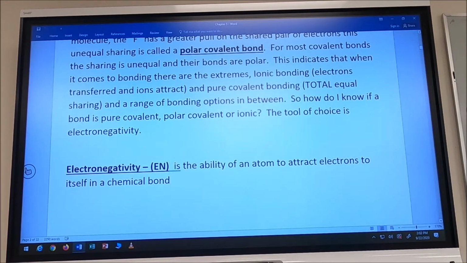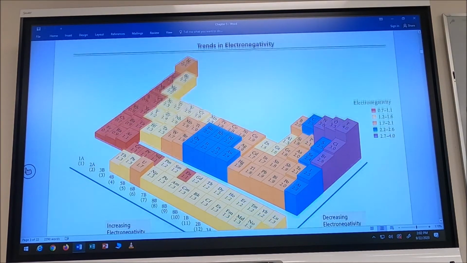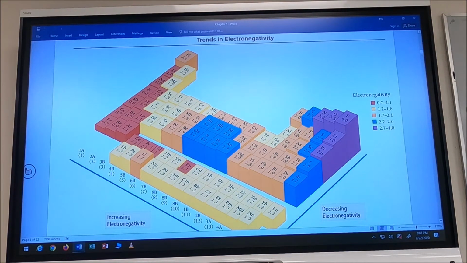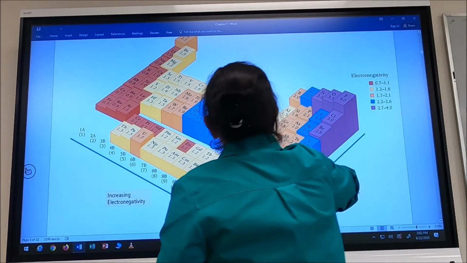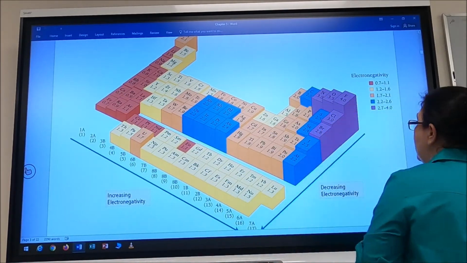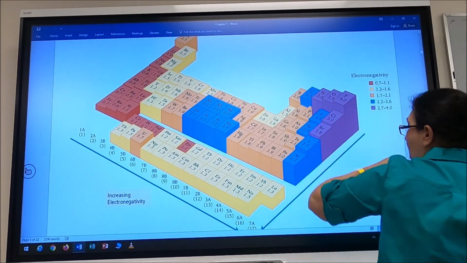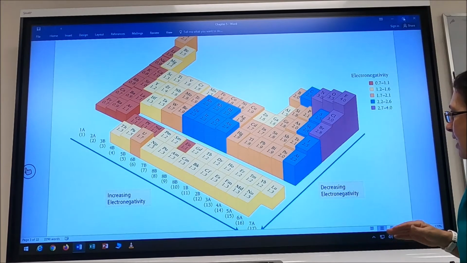It's the ability of an atom to attract electrons to itself in a chemical bond. Okay? Now, here's our electronegativity table. Notice that as we go up a family, electronegativity increases. And as we go from left to right, the electronegativity increases.